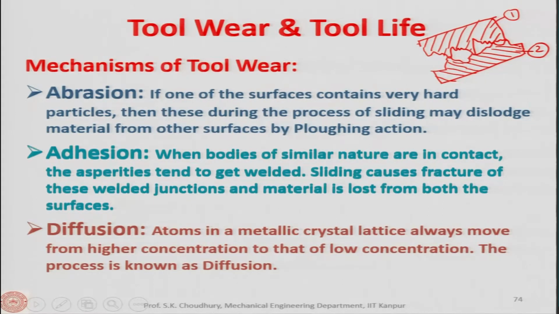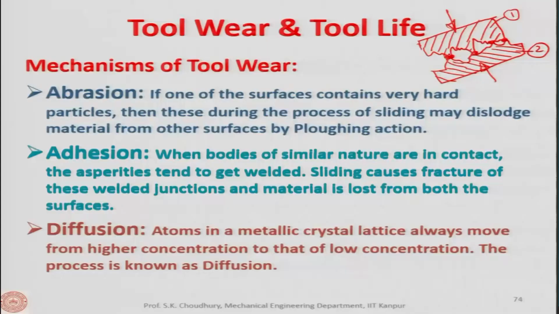Now, because of their own weight, which may be very heavy, or because of the normal force acting on them, these junctions will try to get welded. Initially, of course, these junctions will have elastic deformation, and when the force increases, plastic deformation, and they are trying to get welded.